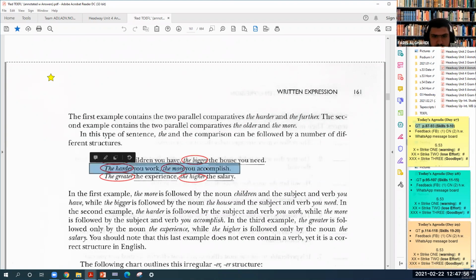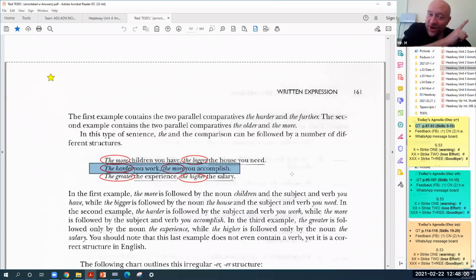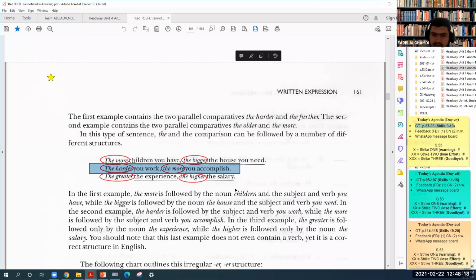The harder you work, the more you accomplish. The more you practice TOEFL, the better your score will be. You understand? Ayat. Yes. Next.